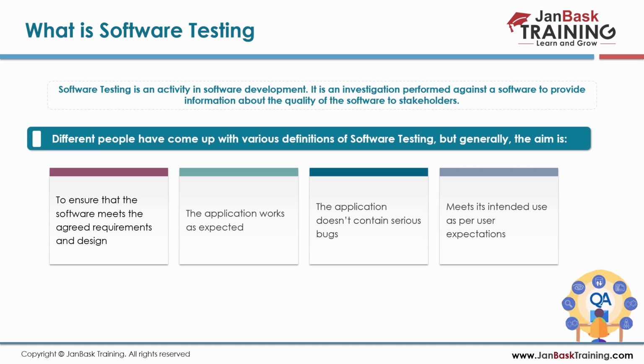How I am going to test an application will differ from how you are going to test it. Every pair of eyes will look at an application differently, and every brain is going to investigate that application differently. So we never say that the application is 100% bug free.